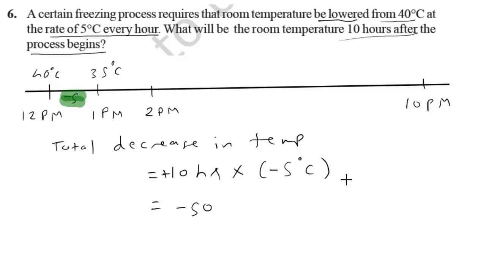It is 5 degrees Celsius per hour. So the total will be minus 50 degrees Celsius, the total decrease.